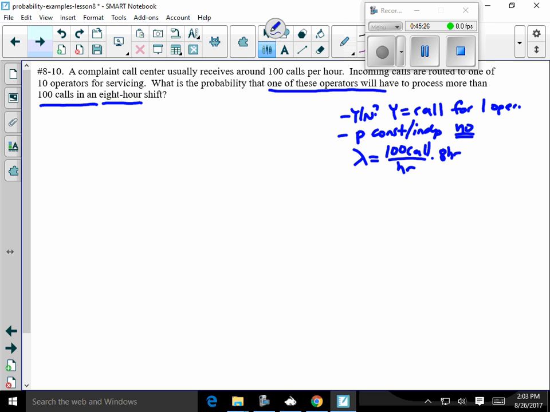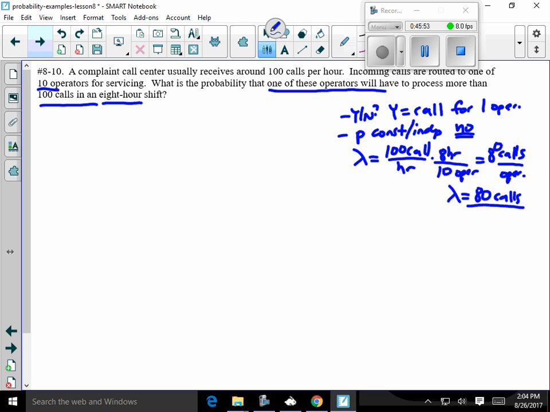But then it says that there are 10 operators, right? So if I took 100 times 8 divided by 10, that turns out to be 80 calls per operator in a single shift. Not 8, 80 calls, right? So that's our lambda number. Lambda is for one operator to receive 80 calls typically.